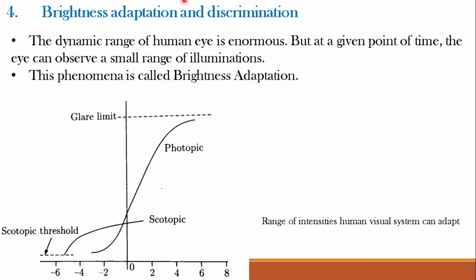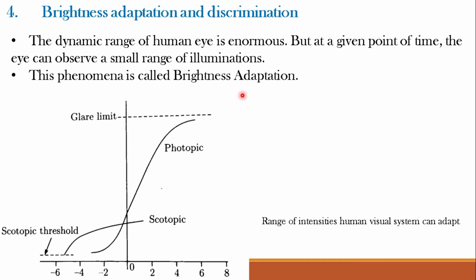You can even try out this brightness adaptation yourself, right? You stare at the sun for a few seconds and the eye adapts itself to the upper range of intensity values. Now look away from the sun and you will find that you cannot see anything for some time. Why? Because your eye takes a finite time to adapt itself to the new range, right?